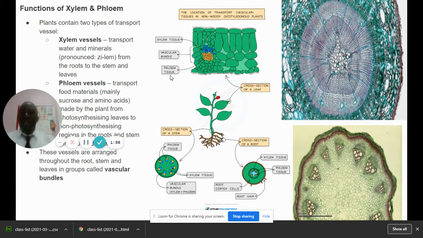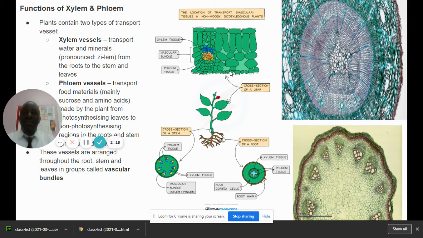If we take a look at the location of the xylem vessels and phloem vessels, we remember we have two divisions or classes of plants. We have the monocotyledonous plants, that is class Monocotyledonae, and dicotyledonous plants, which is class Dicotyledonae.